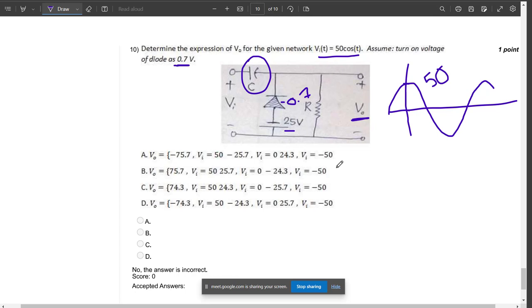Okay. Take 5 minutes and solve this question.